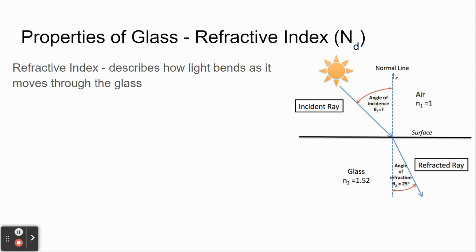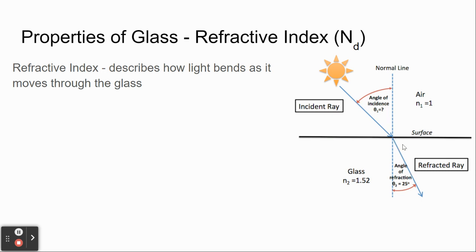So, you'll notice it extends from the air. Imagine it through the surface of the glass. So this is the surface of the glass. Again, it's not to scale or anything. We imagine that the other side of the glass is over here. But what happens is as that light moves through that glass, because it slows down, it changes the angle.